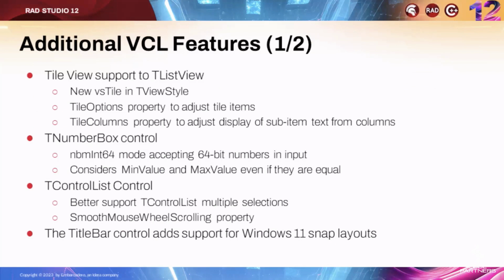We have improved the NumberBox control. We have improved the ControlList control, which is also used in the new installer and in the welcome page. We have added improvements to the title bar control, so it has support for snap layouts. That includes the RAD Studio IDE itself.